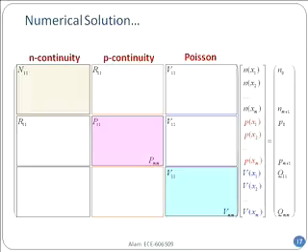I have three equations: the electron continuity equation, the hole continuity equation, and the Poisson equation. The unknowns are n from the first point to the last point, p from the first point to the last point, and potential from the first point to the last point. And this is what I'm trying to solve for.